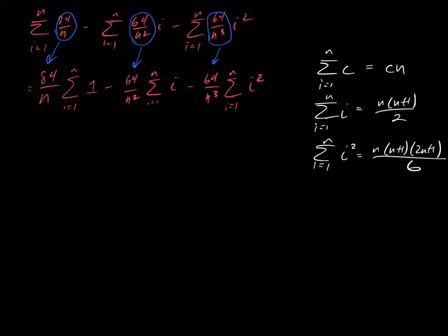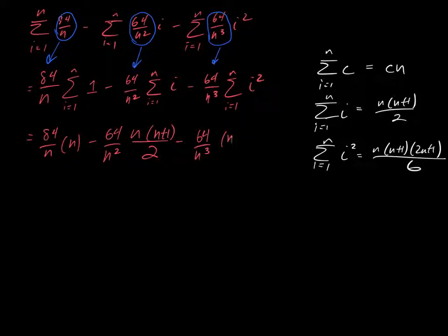So with these formulas off to the right, this expression becomes 84 over n times n minus 64 over n squared times n times n plus 1 over 2 minus 64 over n cubed times n times n plus 1 times 2n plus 1 all over 6.